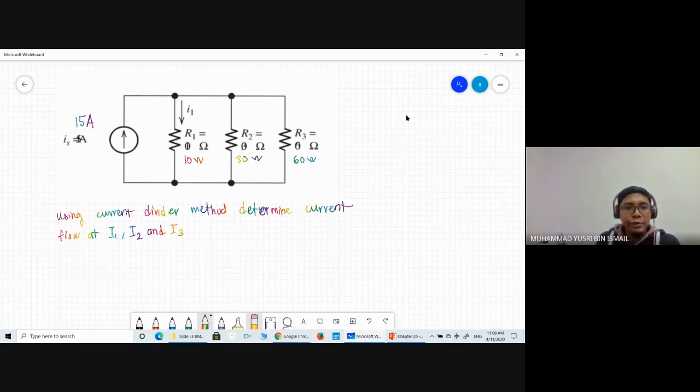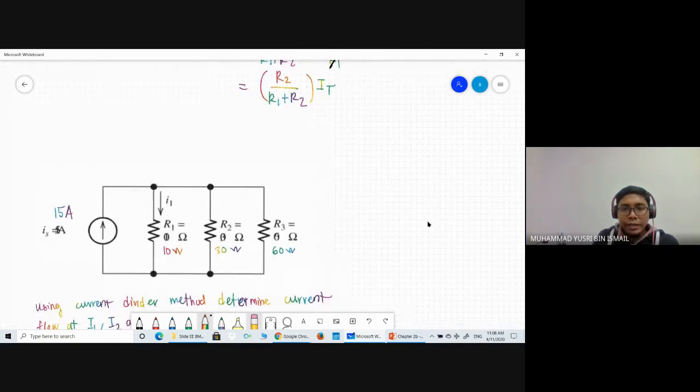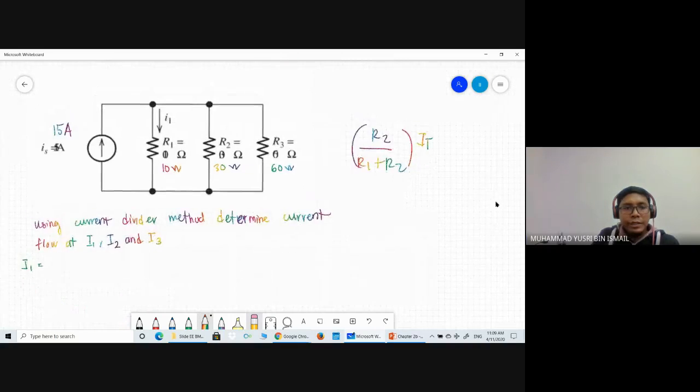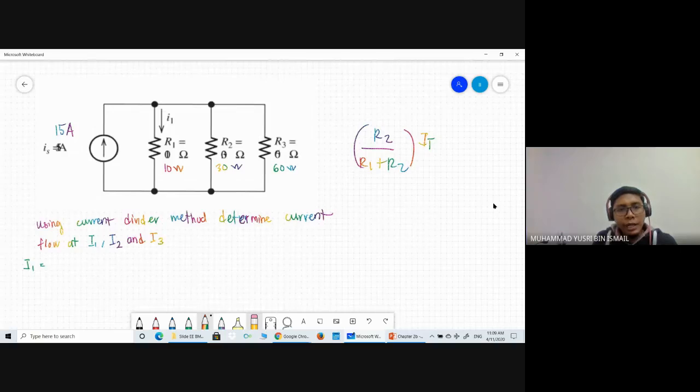So I will give you one example. I will calculate for I1. I1 is equal to, now I write the formula, R2 over R1 plus R2 times I total. In this case, in order for me to calculate I1, I need to simplify this circuit.